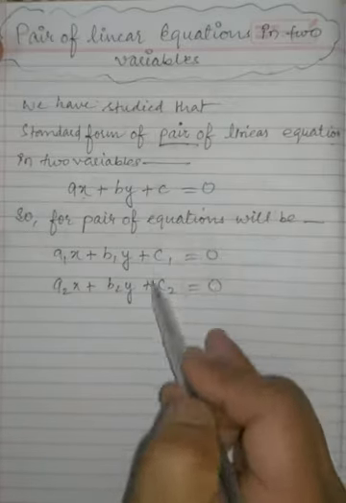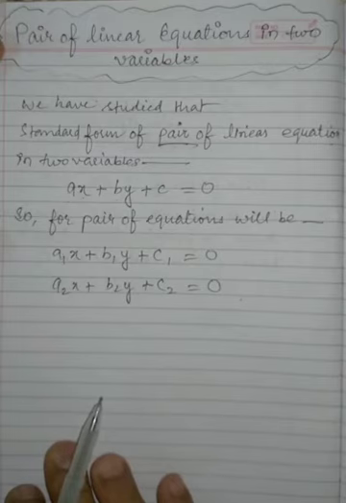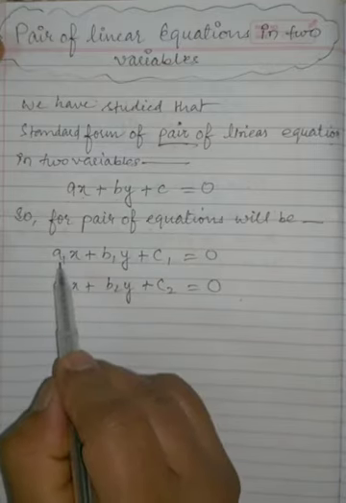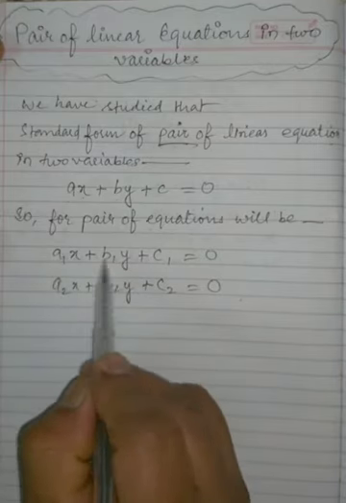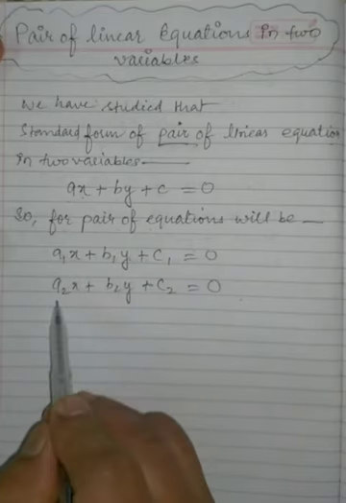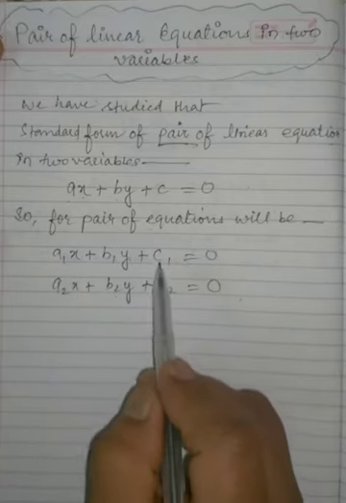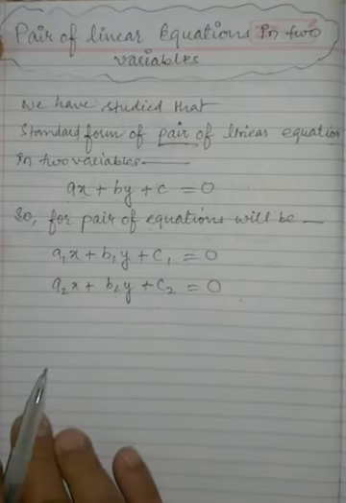So basically both are same. This is a single equation and this is the pair of equations. Here a1, b1 are coefficients of x and y. Similarly, a2 and b2 are coefficients of x and y, and c1 and c2 are the constants.